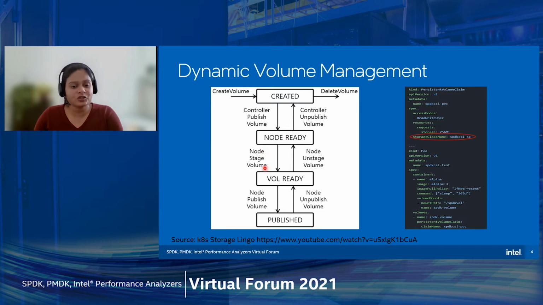The node stage volume, which is received by the CSI node driver, connects to the exported volume through network and mounts to staging path. Finally, the node publish volume, also received by the CSI node driver, binds mount staging path to the pod volume path.